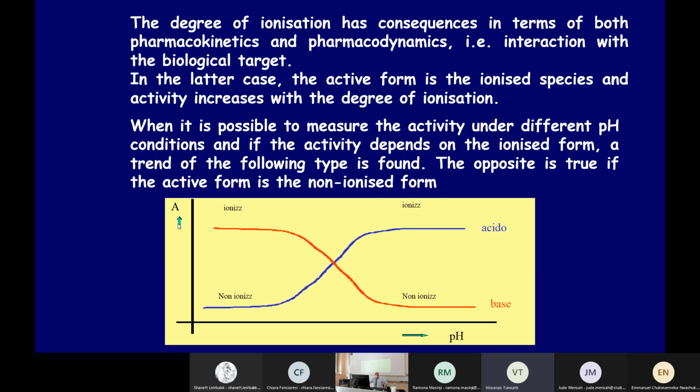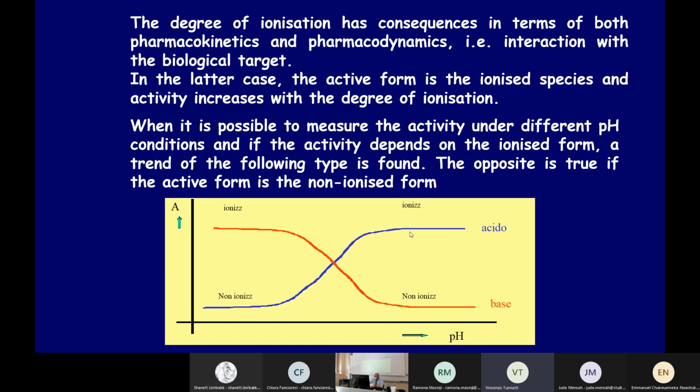So in this case, you see the activity on the y-axis and the pH value on the x-axis. In blue, you have an acid. In red, you have a base.